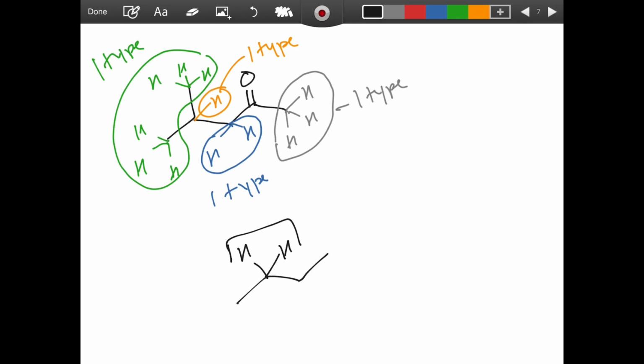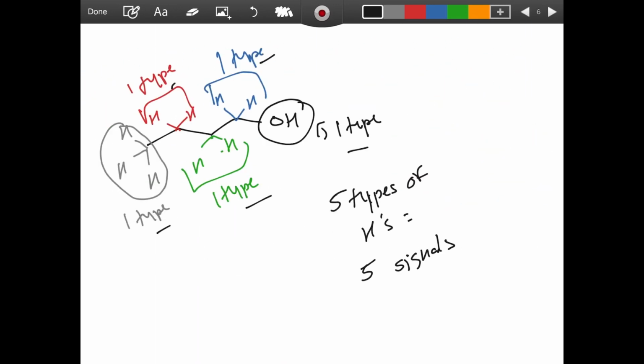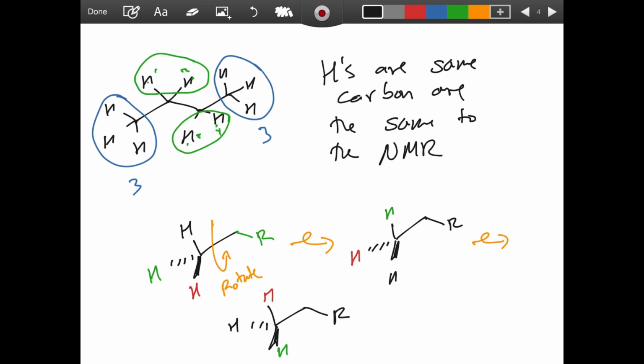Having two identical carbon groups on the same carbon makes those two carbon groups the same. So these two methyl groups are seen by the NMR as being the same. And it's for the same reason as we had back here, where these hydrogens are switching places really fast, and so the NMR sees them all as being the same.